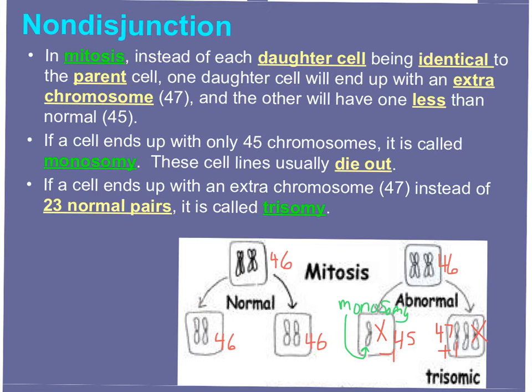And we call this one over here trisomy, because we have 3 sets of chromosomes. So if you have an extra chromosome, then you're going to be trisomy. If you're missing a chromosome, then it's going to be monosomy. And just keep in mind, when we're talking about human cells, we started with 46 and the end goal is 46.